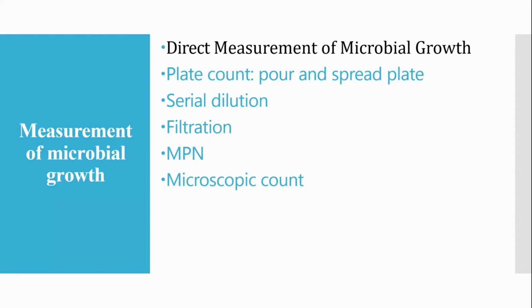Earlier we went through the MPN, the 5 tube practical in 3 sets. Maybe you remember, that is the most probable number that we have seen. So all these direct method questions can be asked for 8 marks, 6 marks, or any individual method can be asked for 4 marks. So I hope it's clear.